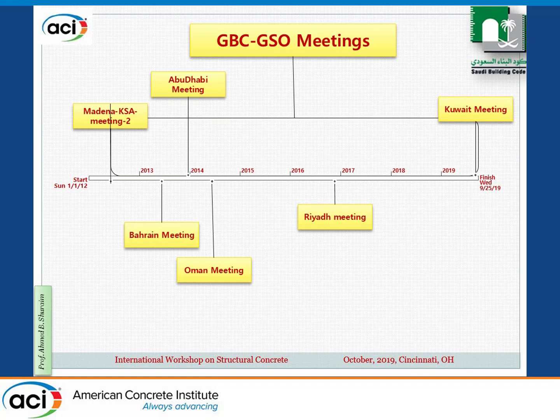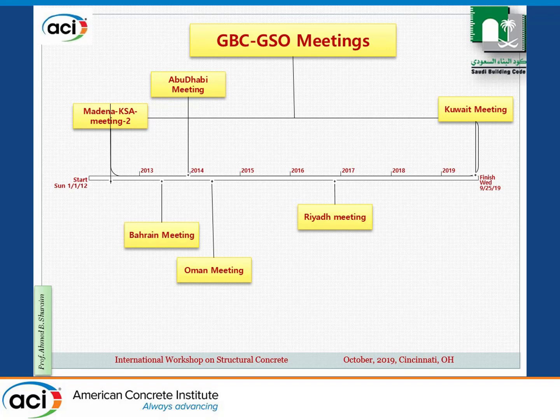In 2010, the idea of the Gulf Code started. So they saw the Saudi Code and the ministers decided, okay, why not do something similar to the Saudi Code? And during this period, from 2010 up till last month, which was the last meeting in Kuwait, in that meeting they decided that they will go with the Saudi Code itself.